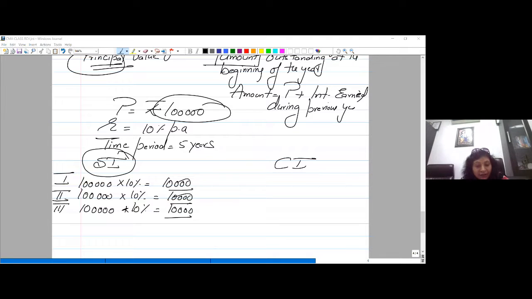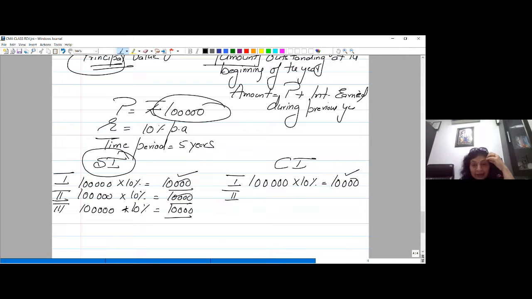In the first year, principal and amount remain the same because till now we haven't earned any interest. So we'll get the same interest. In case of simple interest, we get 10,000. In case of compound interest as well, we get 10,000.